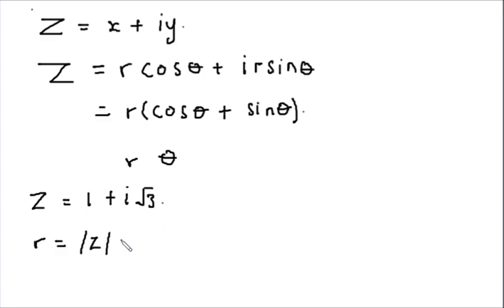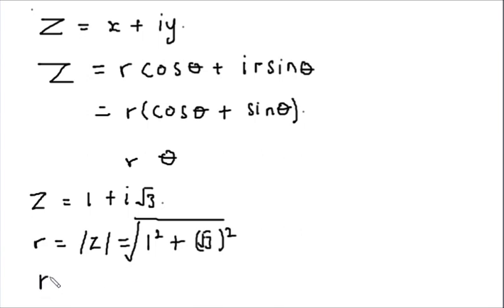The absolute value of z is equal to the square root of 1 squared plus root 3 squared. So you're squaring the real part of your complex number and the imaginary part of your complex number, and then you're rooting everything together.